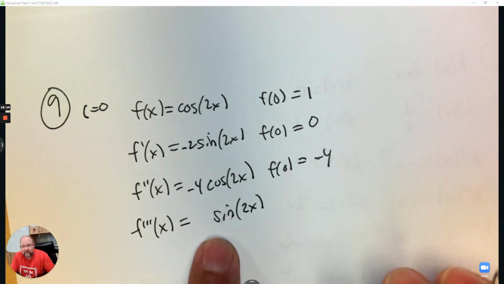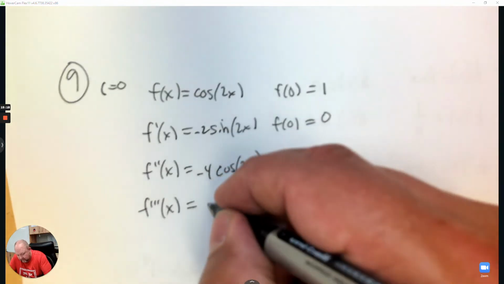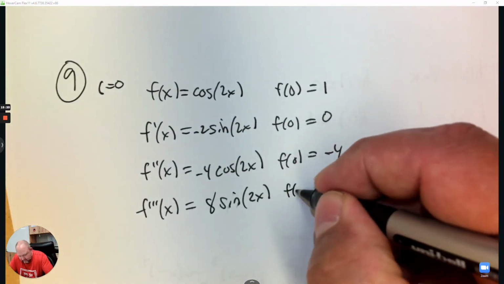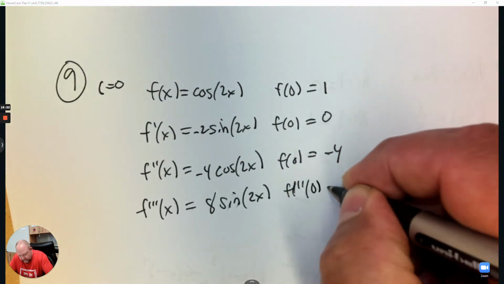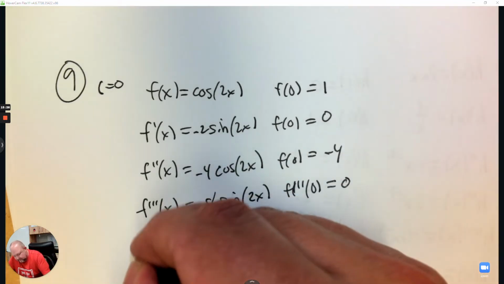It'd be negative, but a negative times a negative is positive. The hook times 4 is 8. And this is 0.